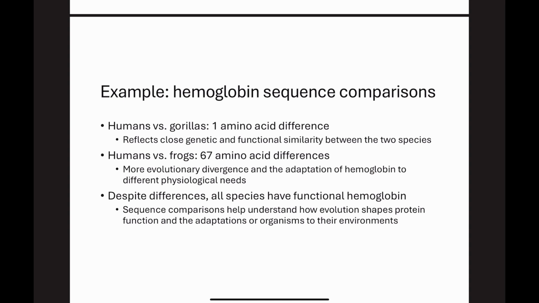When they compared humans versus frogs, there were 67 amino acid differences, indicating more evolutionary divergence and adaptation of hemoglobin specific to different physiological needs. And despite all of the differences, all species maintain functional hemoglobin, which emphasizes the conservation and divergence of molecular structures over evolutionary time.